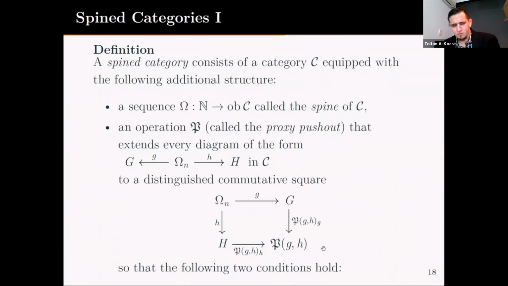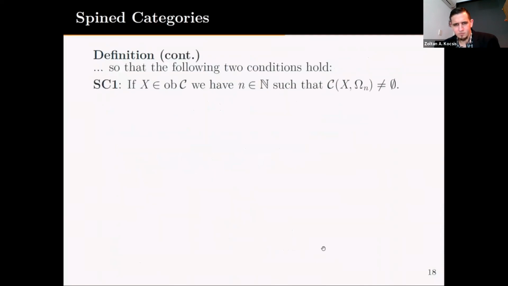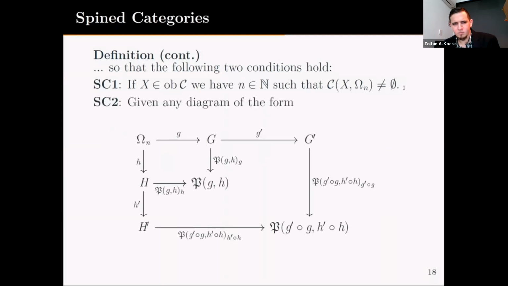And it's going to obey some conditions. Now there's a condition on the spine saying that every object embeds inside some complete object. And there is the proxy push-out condition, and this is the interesting one. So what we see here is we have a proxy push-out square living inside a larger proxy push-out square.